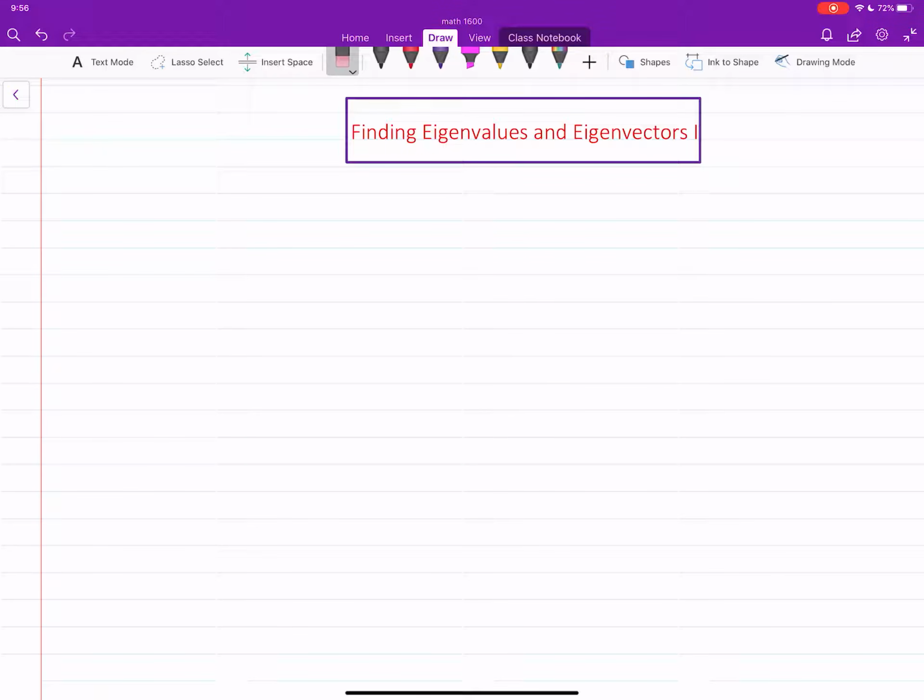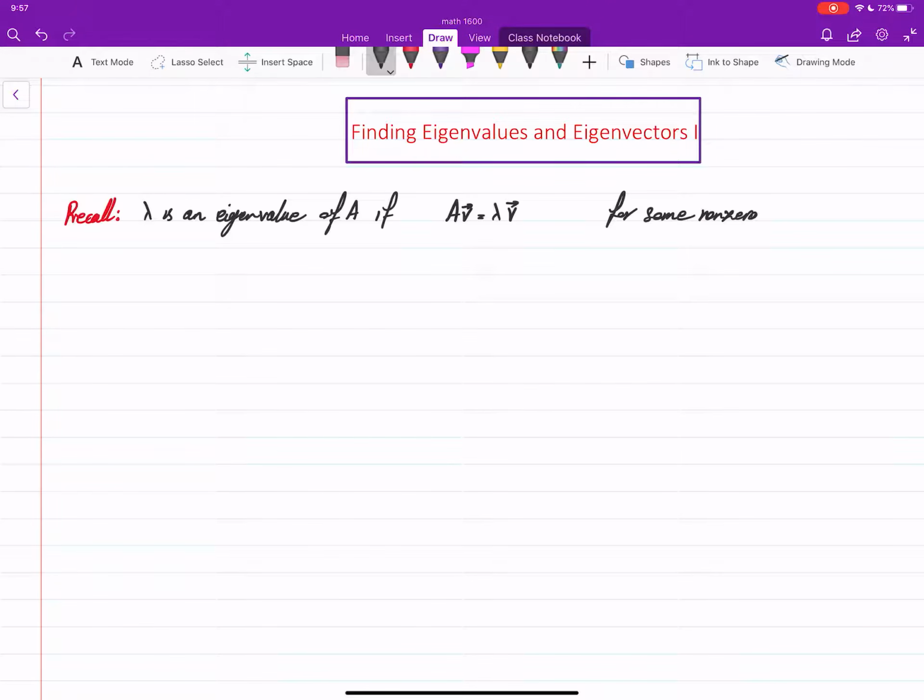Okay, so first thing is to recall that lambda is an eigenvalue of A if Av is equal to lambda v for some non-zero vector v.